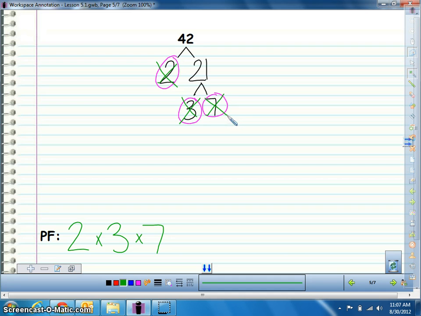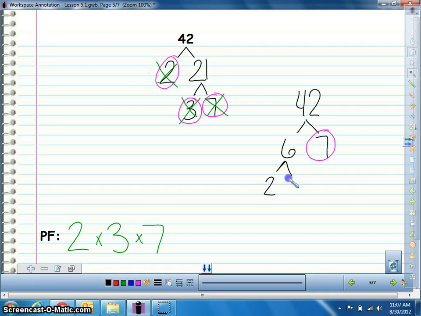Now the great thing about prime factorization is that you can take different routes in order to get there. Some of you, I'm guessing, had 42 to start with, and you probably jumped right to 6 times 7. That'll work. We look at it, we know that 7 is a prime number, but 6 is not.